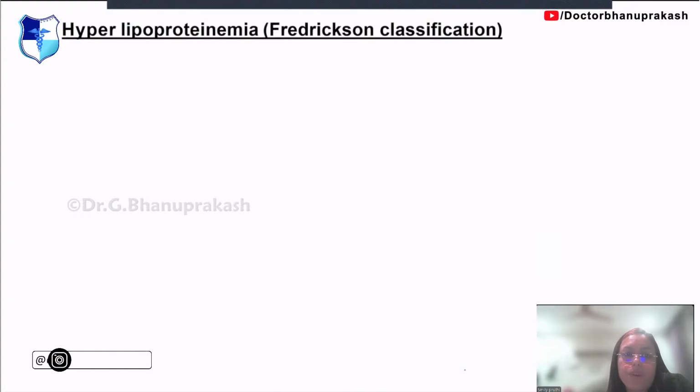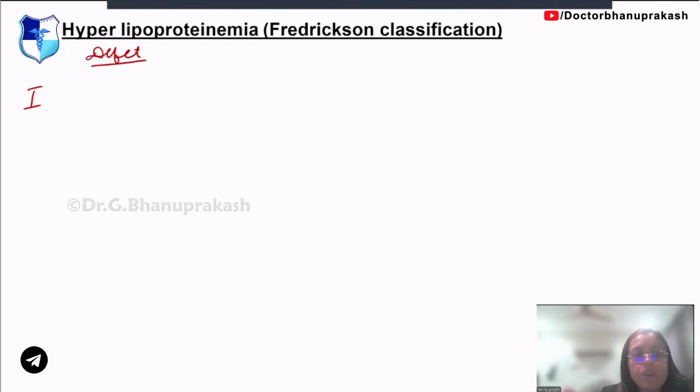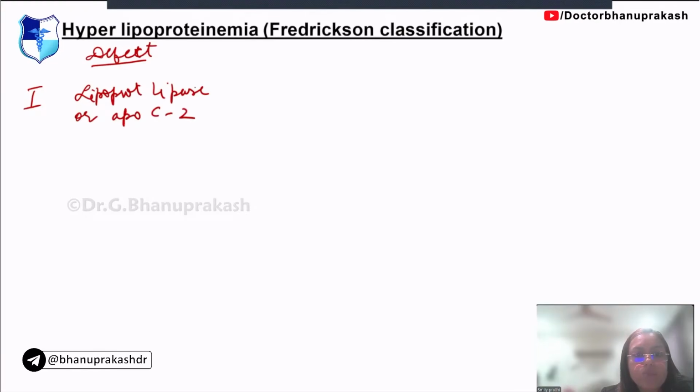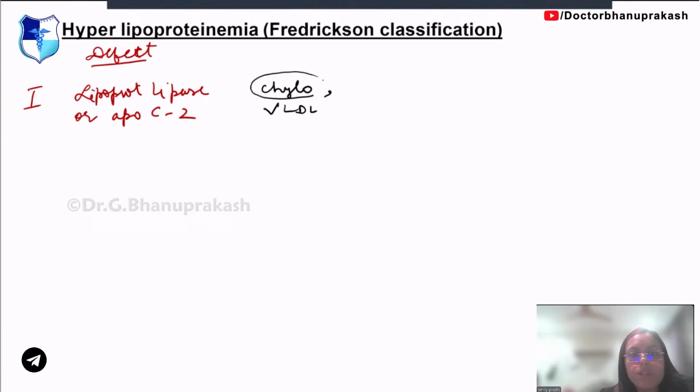Then hyperlipoproteinemias, Fredrickson classification. Type 1 hyperlipoproteinemia. What is the defect? Defect is in lipoprotein lipase enzyme, or the activator of this enzyme, that is ApoC2. So which lipoprotein will increase? Chylomicron and VLDL both will increase, but increase in chylomicron is more.